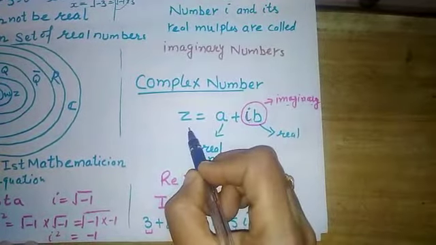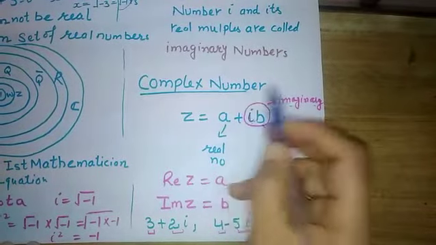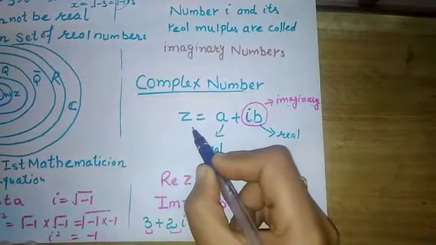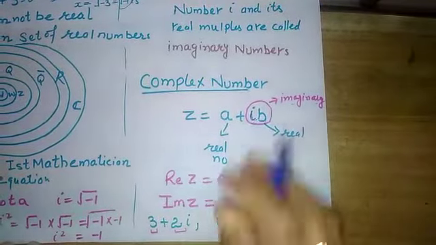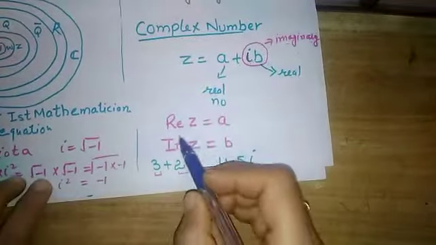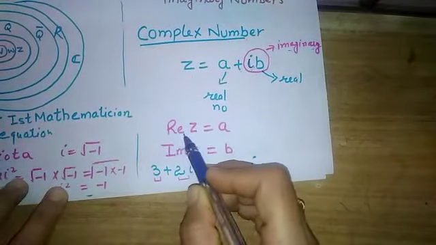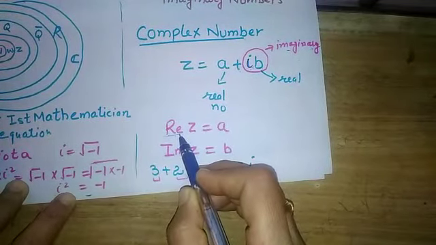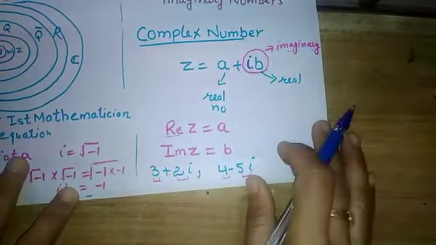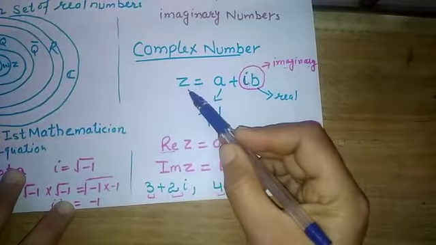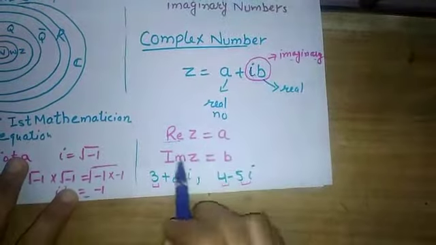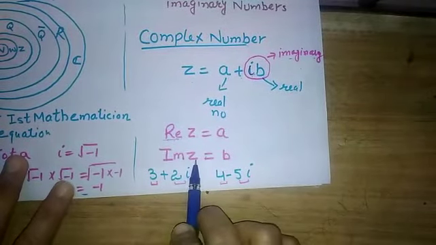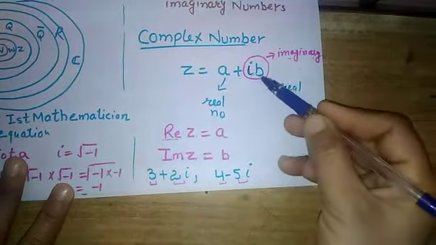Z denotes a complex number and it is always in the form of real plus imaginary. I have taken two letters from the word real: Re stands for the real part of Z. So what is the real part of Z? Z is a complex number and the real part of Z is A.